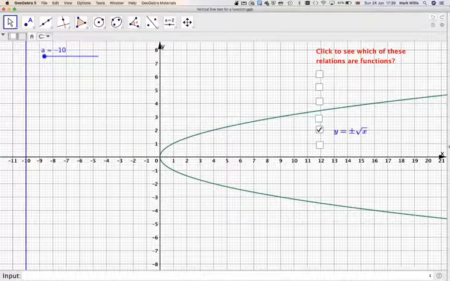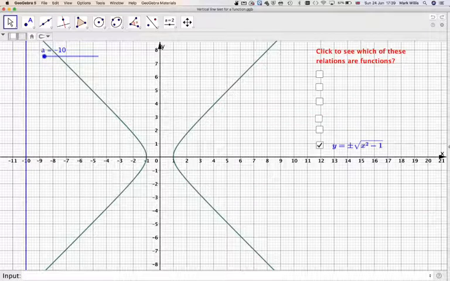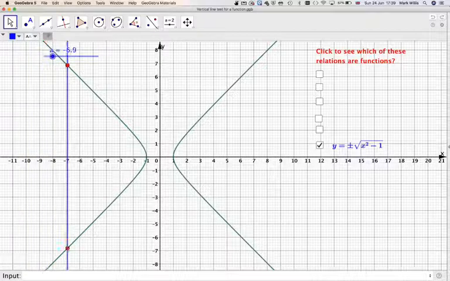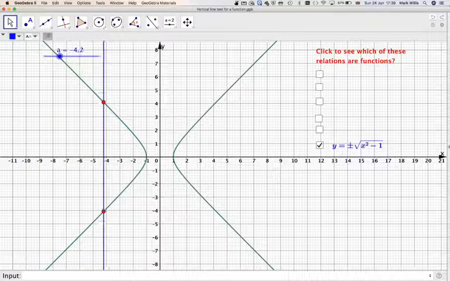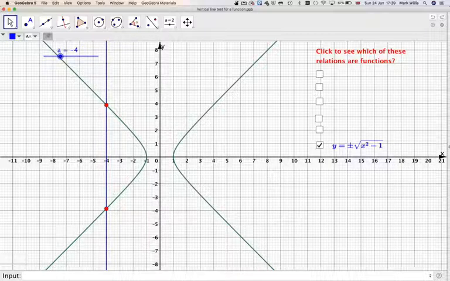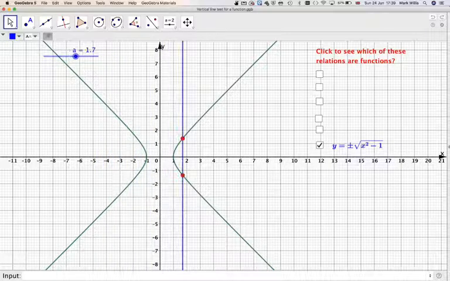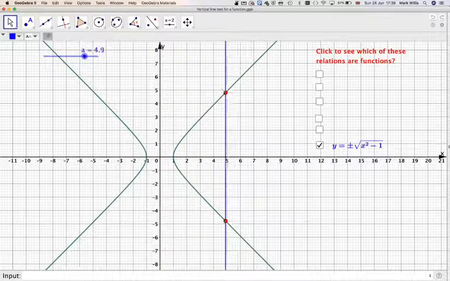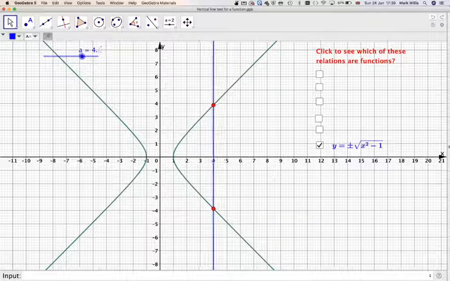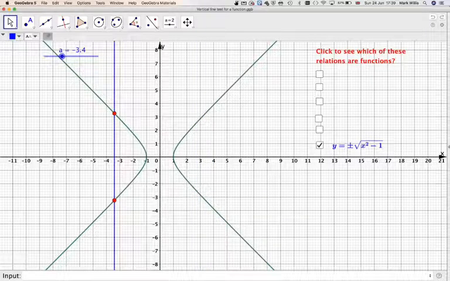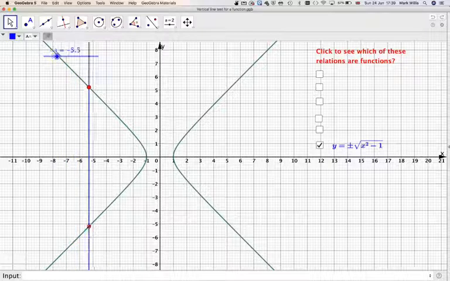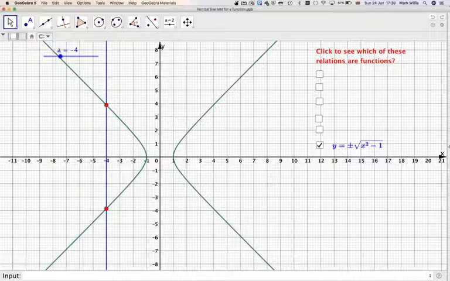And finally, if we look at this one, y = plus or minus the square root of x squared minus 1, we can see here that again we've got 2 dots, so this cannot be a function. This is called a many-to-many relationship. Let's just take -4, for example.